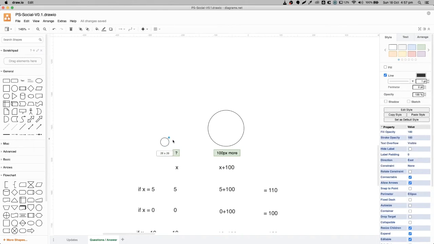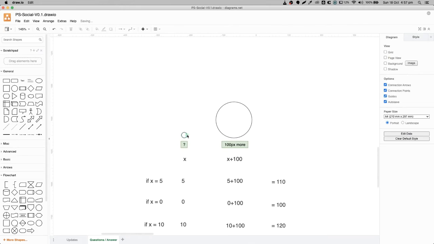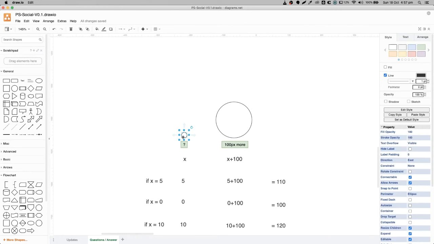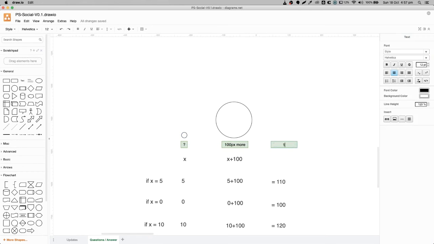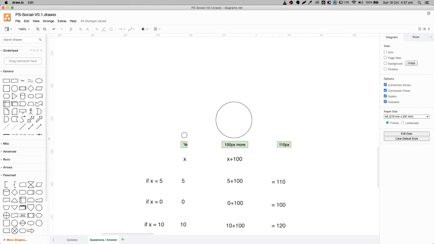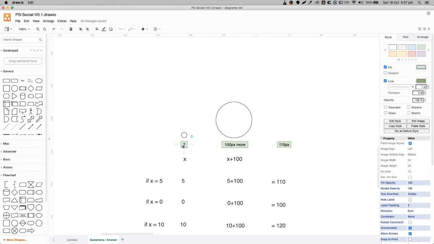Now if the question was that there is a ball and we do not know its size, but there is a bigger ball and we know that it is 100 pixels more than the smaller one, and we are given the total that altogether they are 110 pixels, then how much should this ball be?